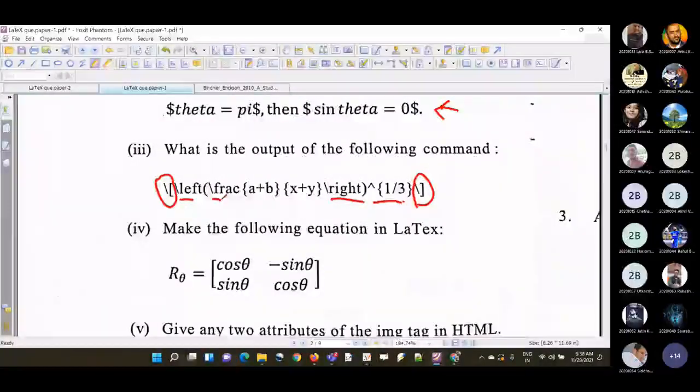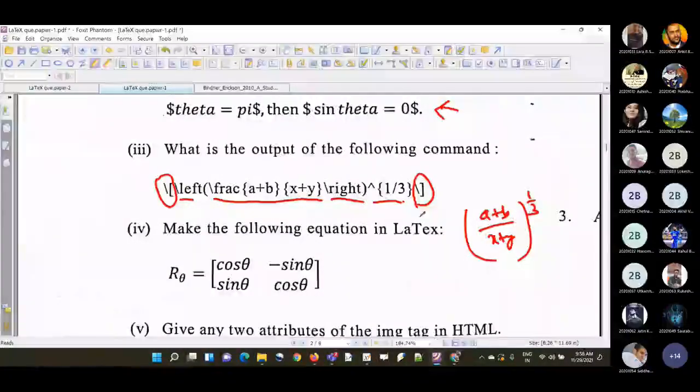And you see in the bracket, they have written frac a plus b and x plus y. So in this bracket, you can write a plus b divided by x plus y. Fine. And then they are putting this exponentiation. If you are writing like this, then you are wrong, because this is not going to produce this kind of thing. Are you getting what I'm saying?